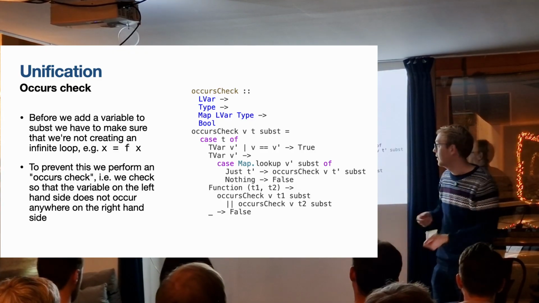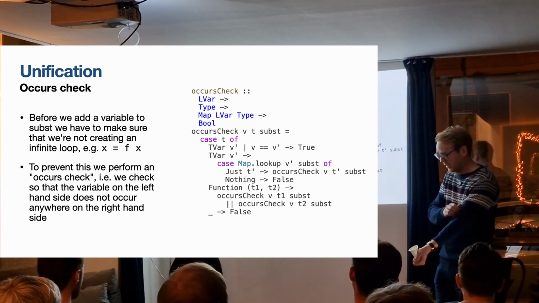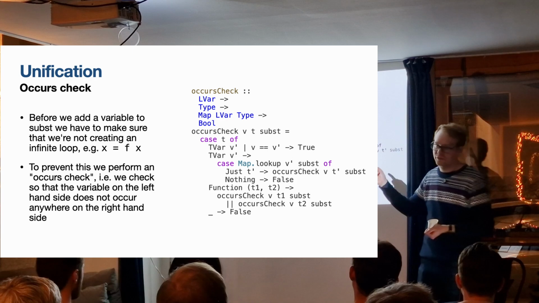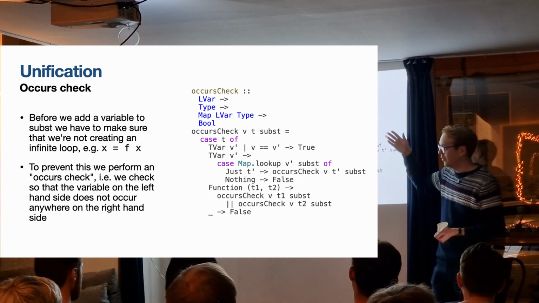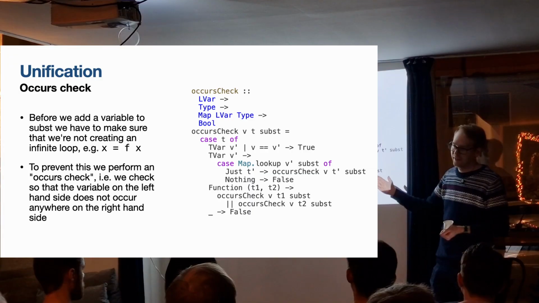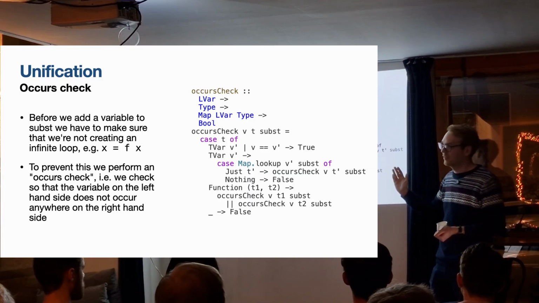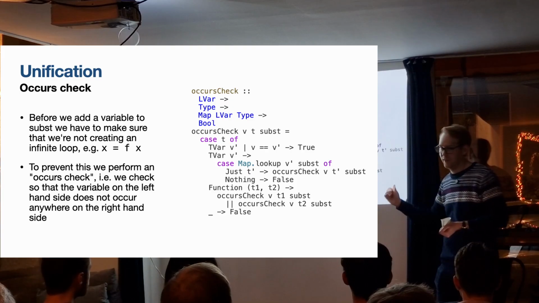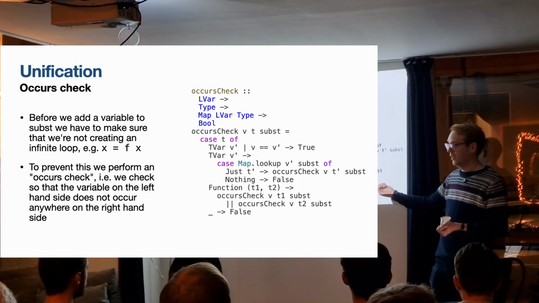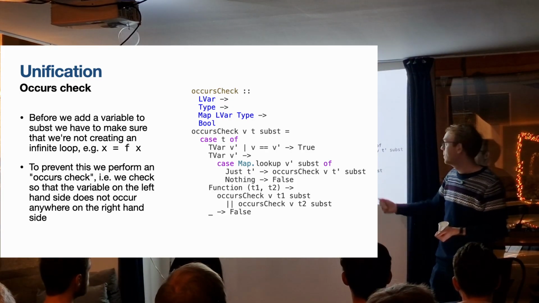So that would create an infinite loop. But in logic systems, you usually have something called an occurs check, that loops through the whole thing and checks, okay, does x occur in some subterm, when I try to create my substitution.